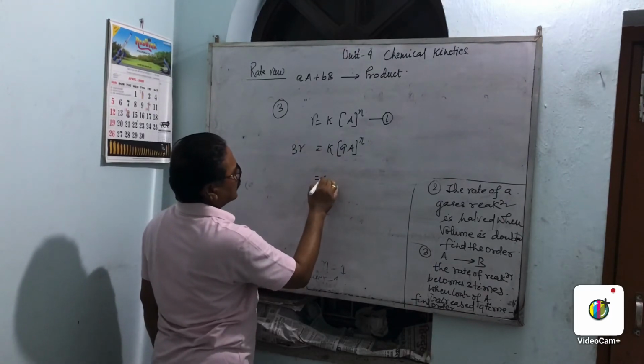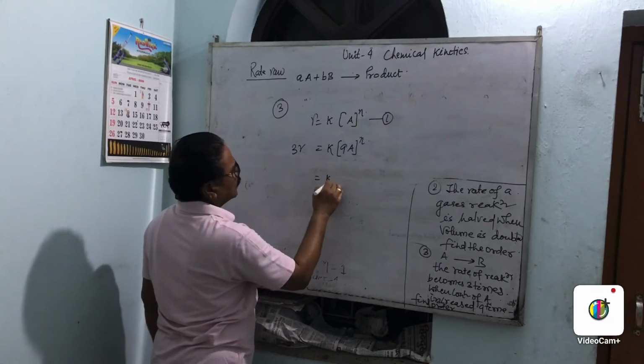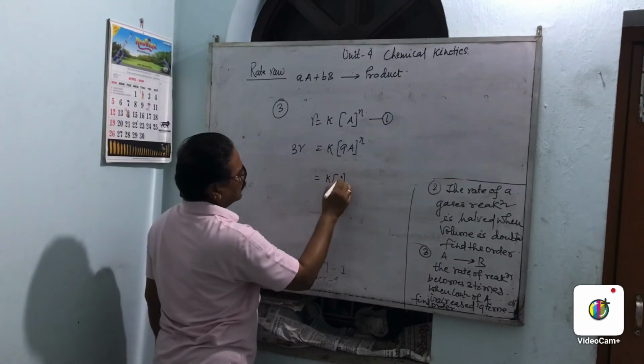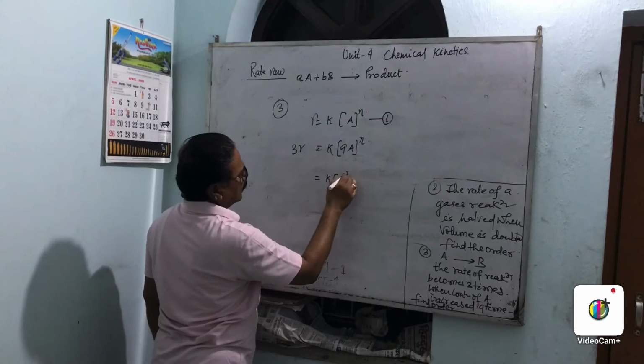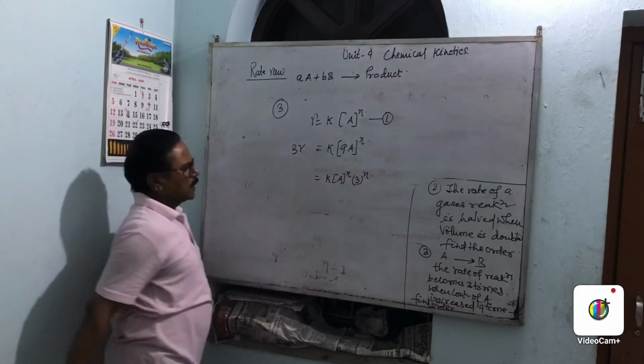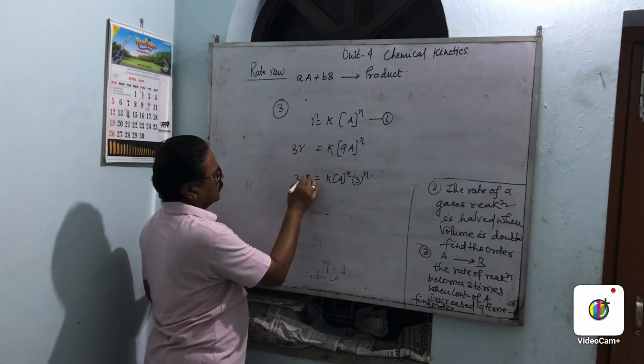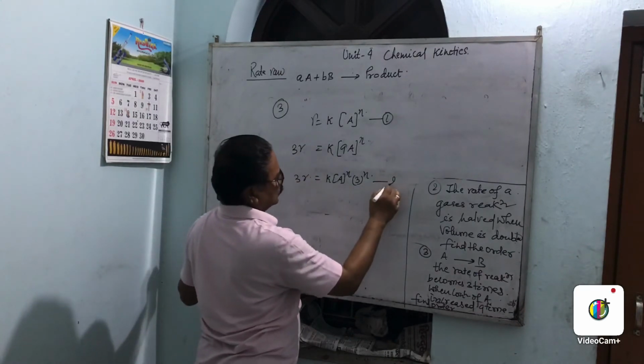So what we write here: K, 9A to the power n, which is 3 to the power 2n, and here we write 3R. This is equation 2.